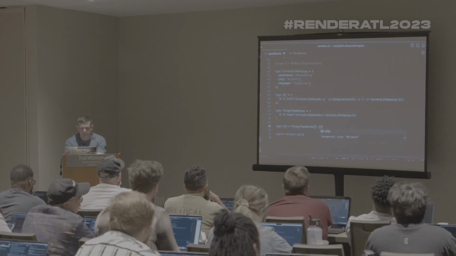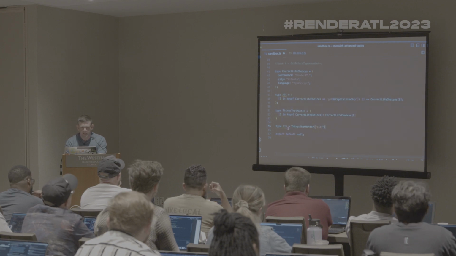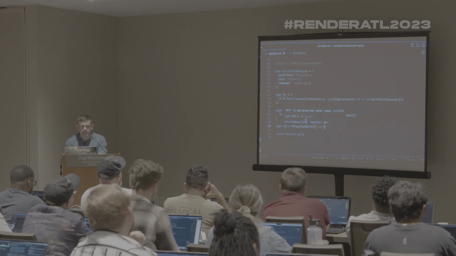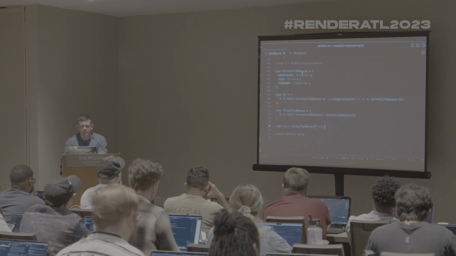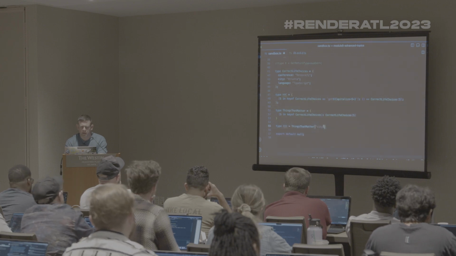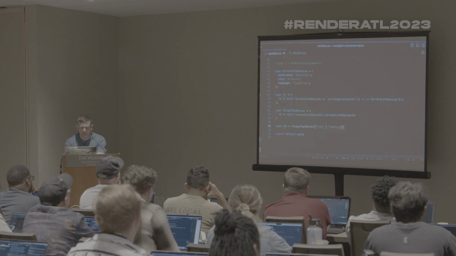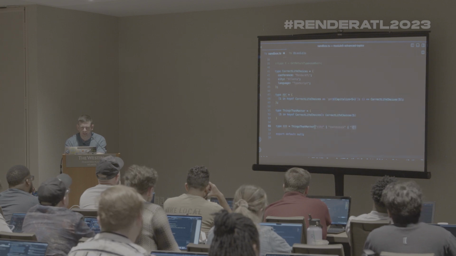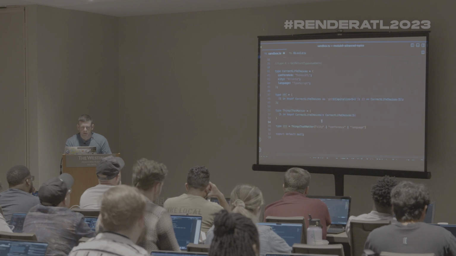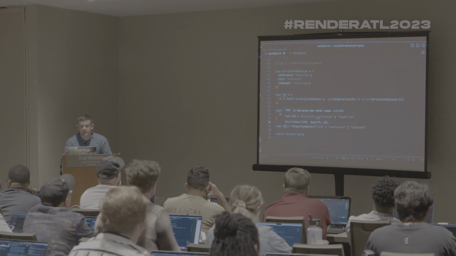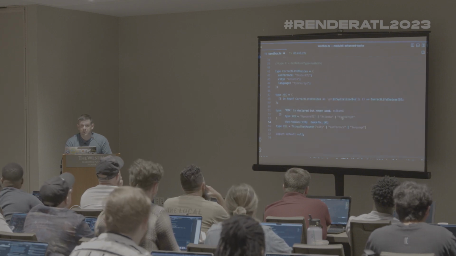I can say city, and now I get Atlanta, right? What if I want to get all the values? Well, okay, I could do city or conference or language, right? Now I'm getting RenderATL or Atlanta or TypeScript.